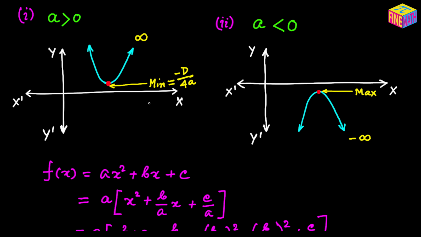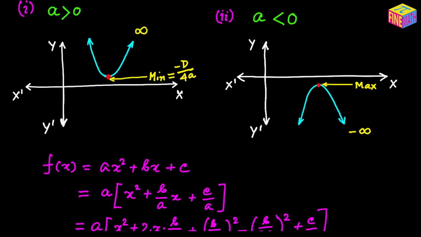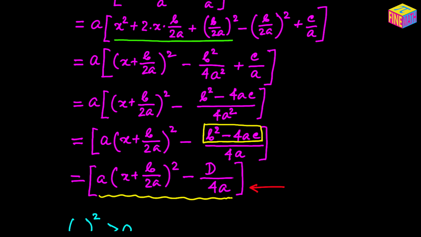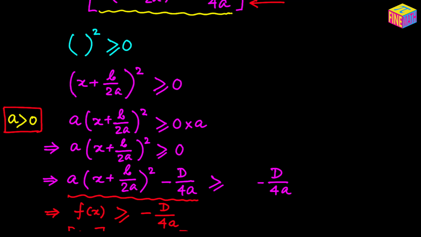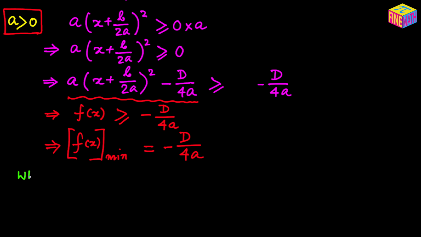So when the minimum value of the function is negative d by 4a, what would be the value of x? Well, let's now go back to our algebraic equation, or inequality. When f of x is minimum, in that case the value of the function is negative d by 4a.